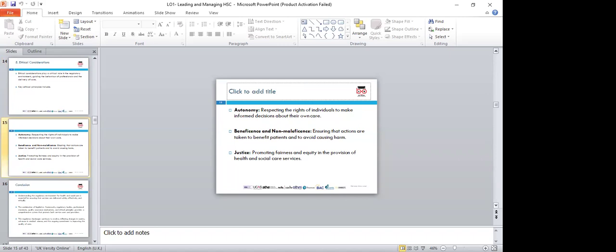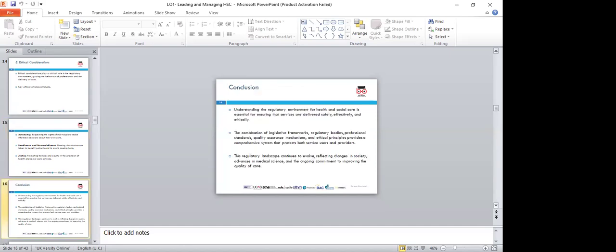Beneficence and non-maleficence, ensuring that actions are taken to benefit patients and to avoid causing harm. Same as person-centered care. Then justice, promoting fairness and equality in the provision of health and social care services. Very, very important. Equality plays a major role, and that's why we talk about the Equality Act 2010.